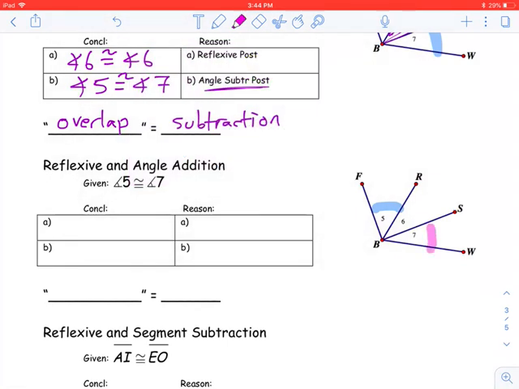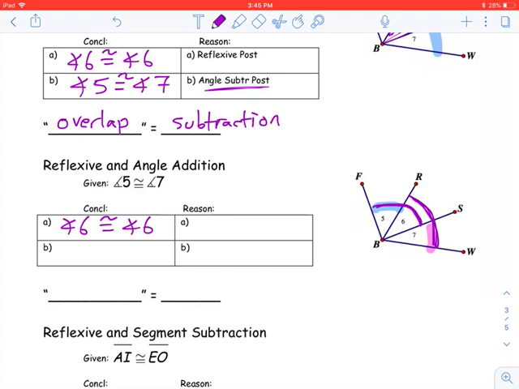Well, look what's between them. 6 is between them. So if we have a gap there, what we can do is extend it out. So 5 extends with 6 to get us FBS, and 7 extends with 6 to give us RBW. But we can't say that until we say 6 is congruent to 6, because both of them want to use the same thing.